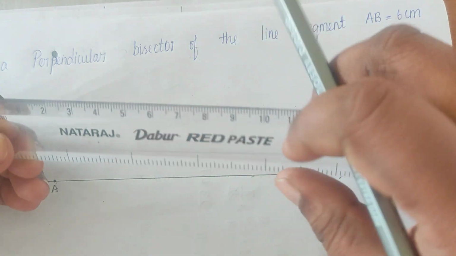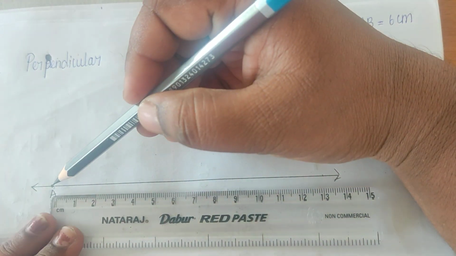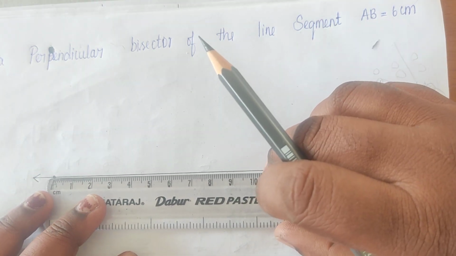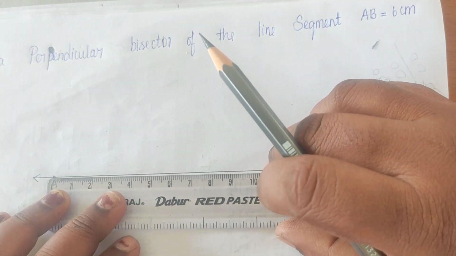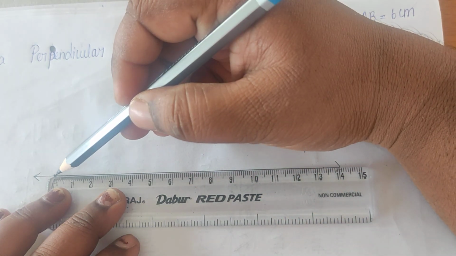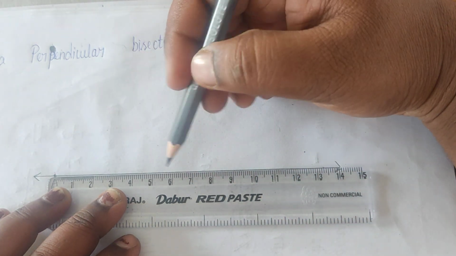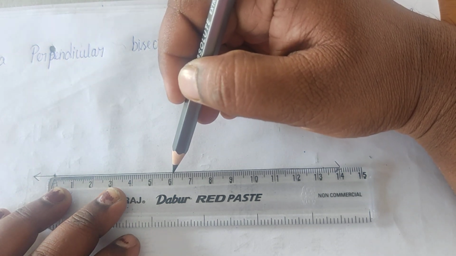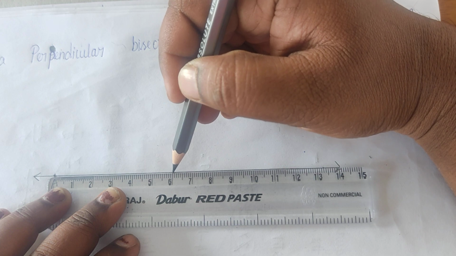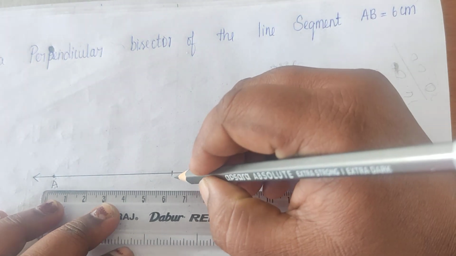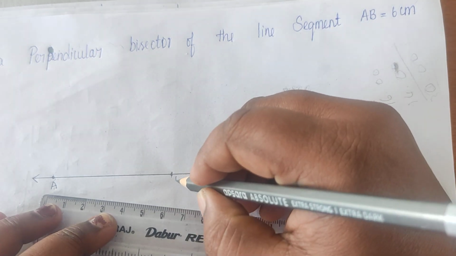A is the starting point, and we find point B. This one is A and 6 is here, so this point is B. Can you understand?